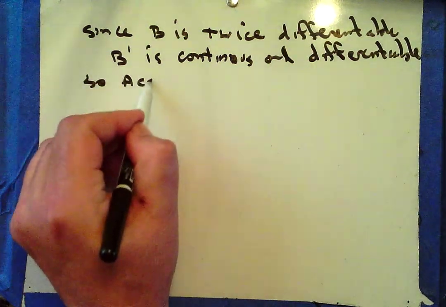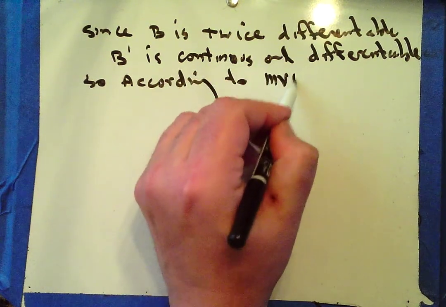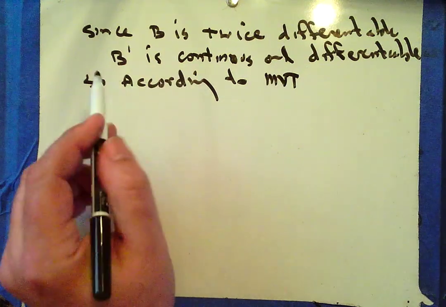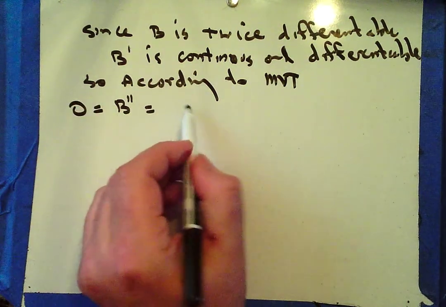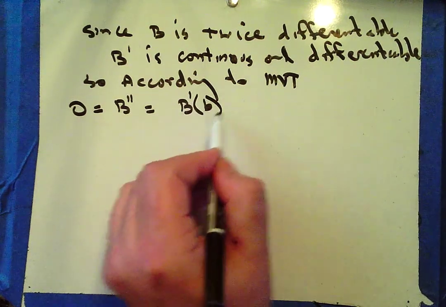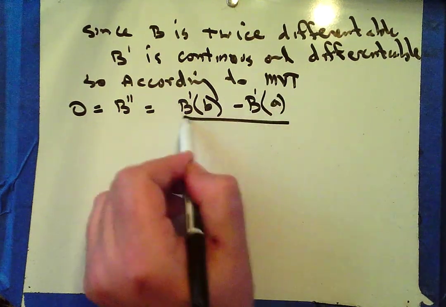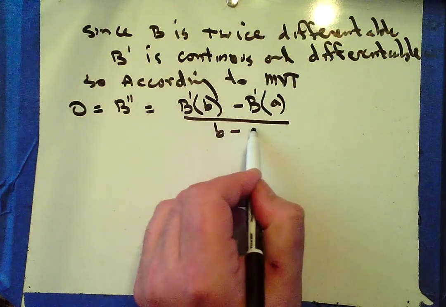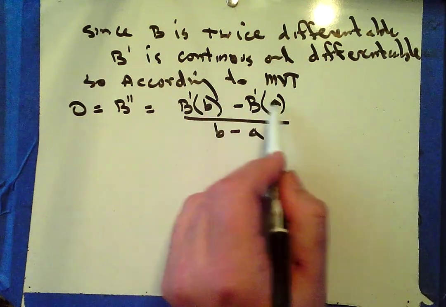So, according to MVT, B double prime equals 0 if B prime at some point minus B prime at another point equals 0. And that would be true if these two were the same.